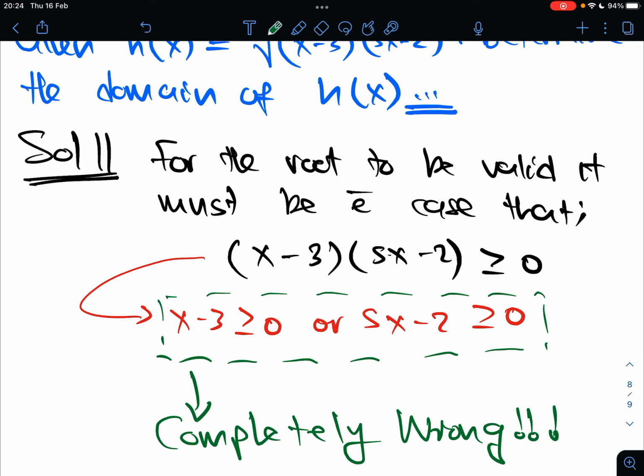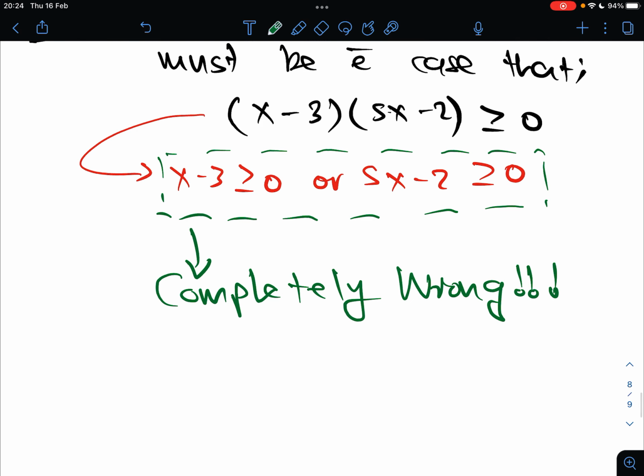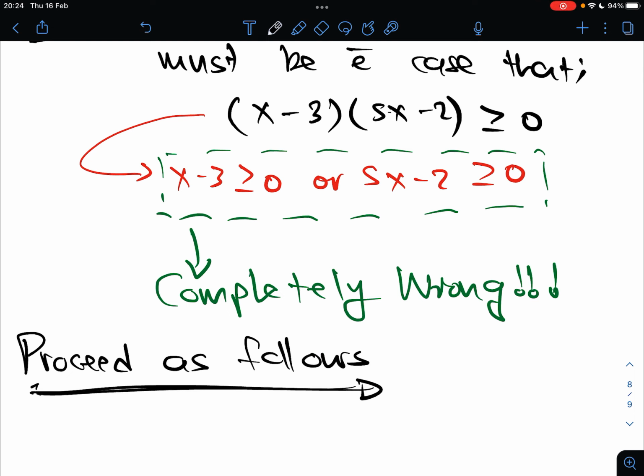Every time you have a product of functions like this situation, how you proceed is you find what are called critical values.